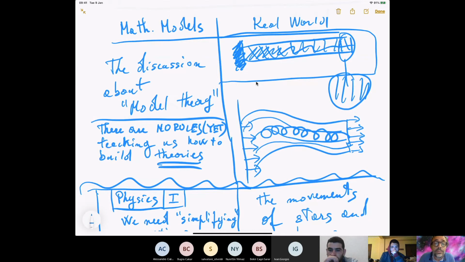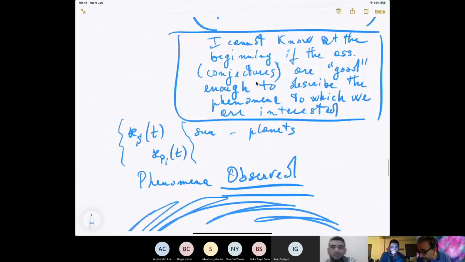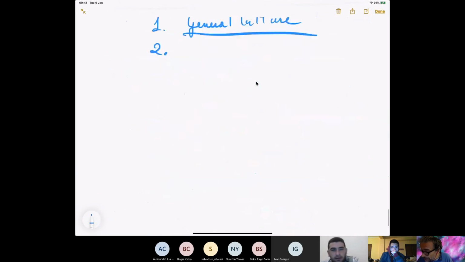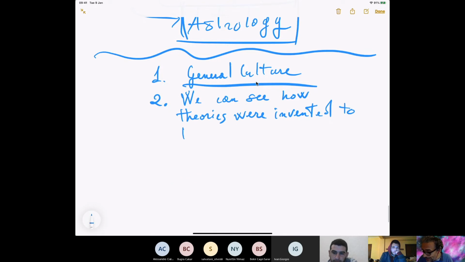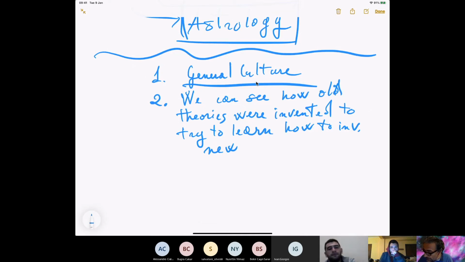So what can I do for helping you and myself? We can see how theories were invented, to try to learn how to invent new theories, how old theories were invented, to try to learn how to invent new theories.